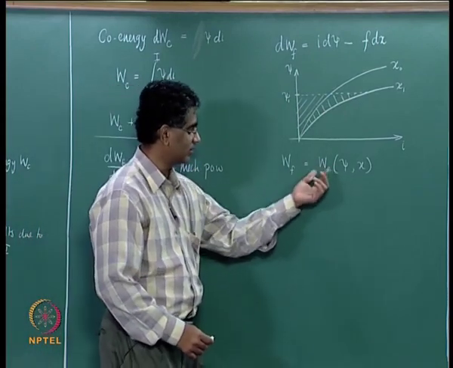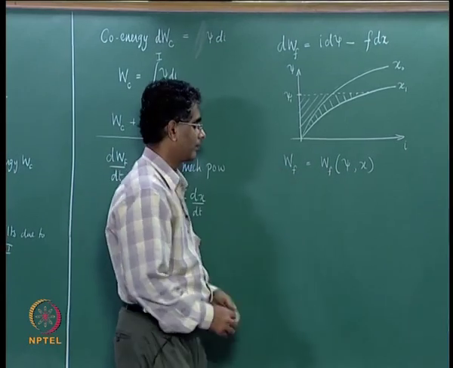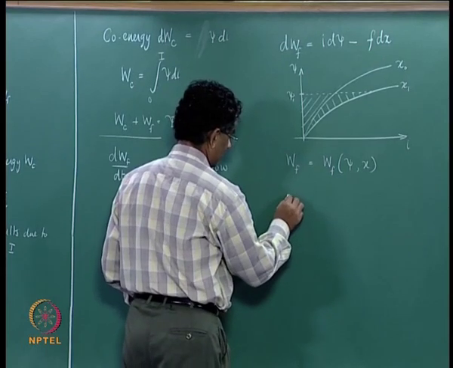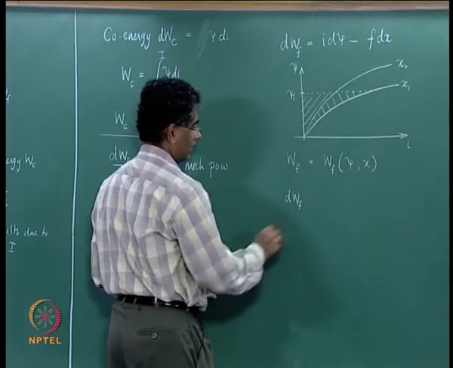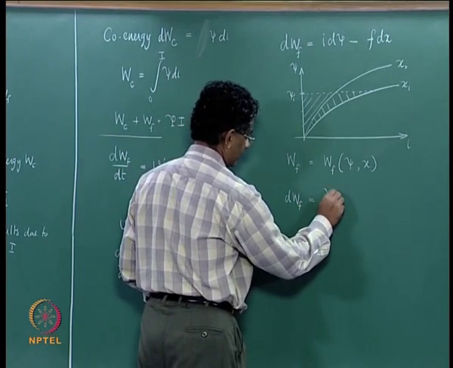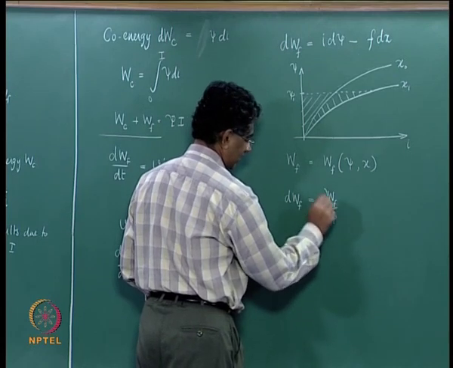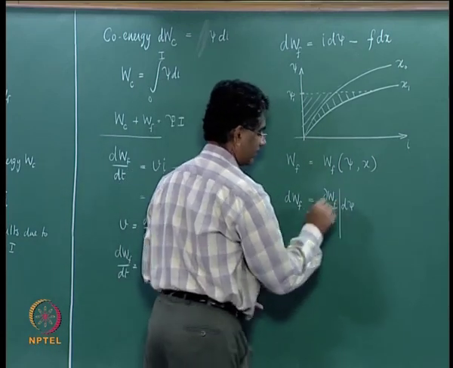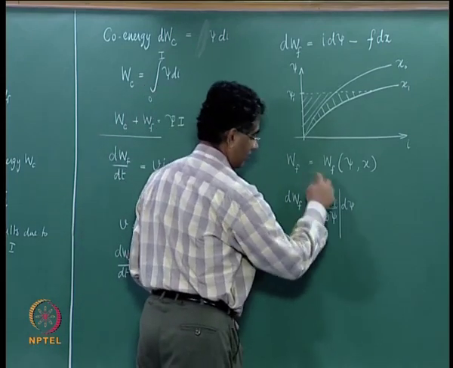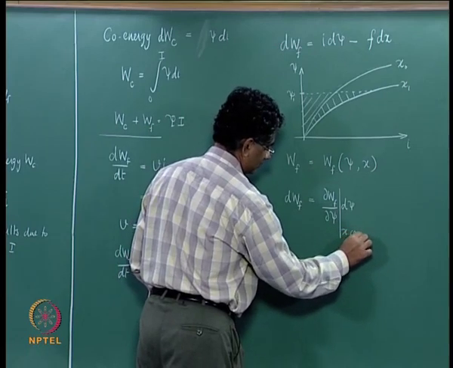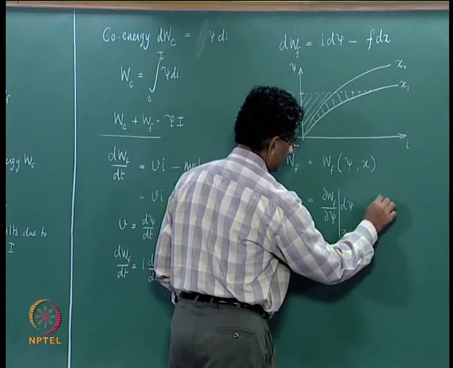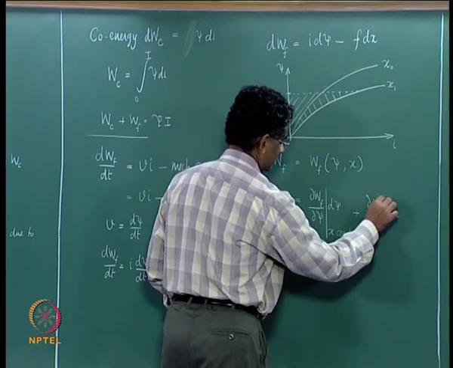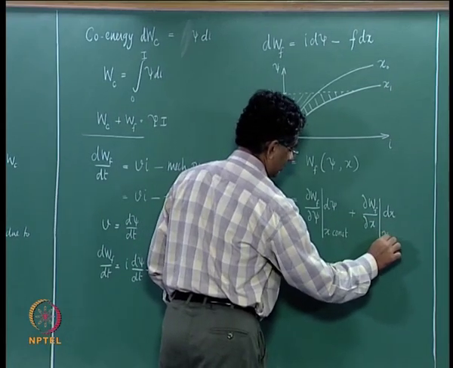So if this is the dependency of Wf, then we know from our elementary understanding of differentiation that a differential change in Wf can be written as the partial derivative of Wf with respect to psi multiplied by d psi, this partial derivative being evaluated by keeping x constant, plus the partial derivative of Wf with respect to x multiplied by dx, this partial derivative being evaluated keeping psi constant.